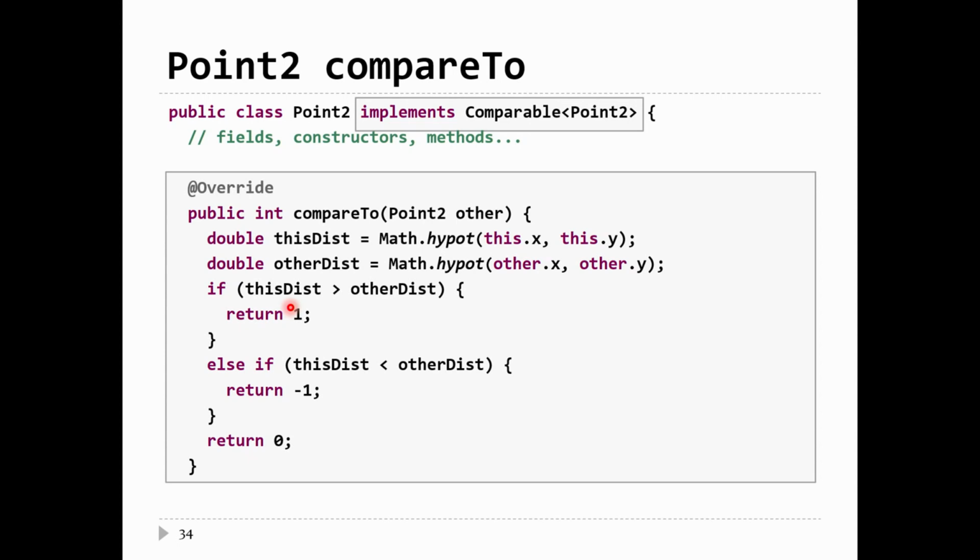It just has to be positive. If this distance is less than the other distance, then this point is closer than the other point to the origin, so I want to return a negative int. Here I'm going to return -1. Again, it can be any negative number. If the two points are equidistant, I want to return 0, to indicate that they have the same distance to the origin.